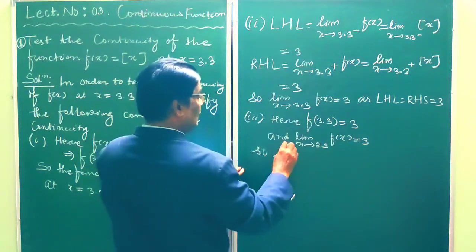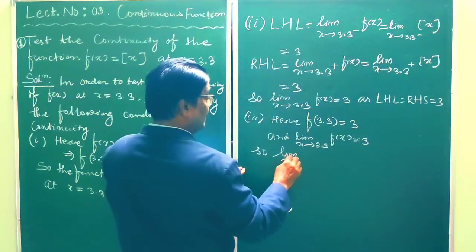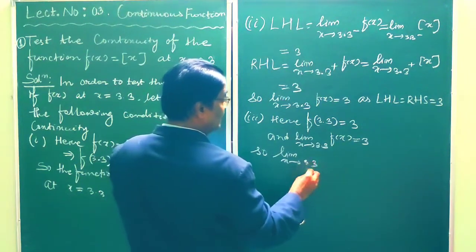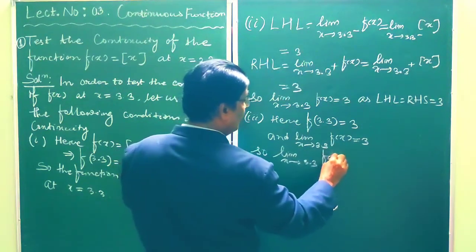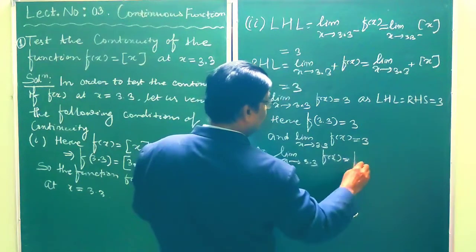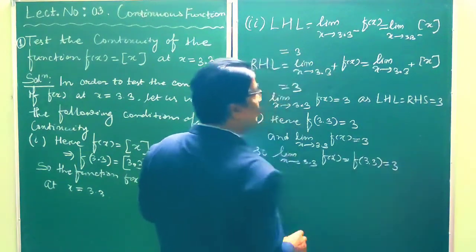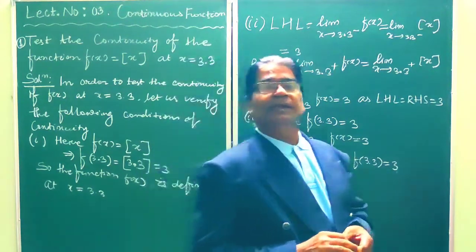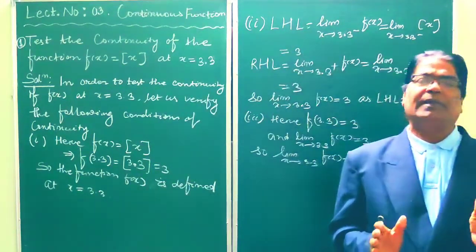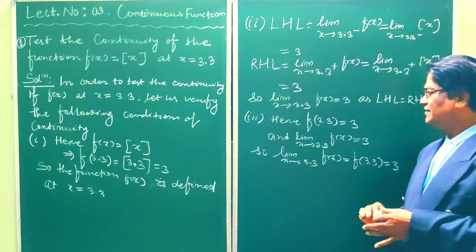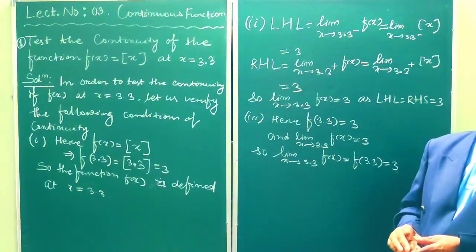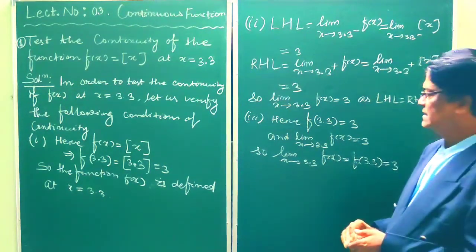So limit x tends to 3.3 f(x) is equal to f(3.3), which is equal to 3. So we get here in the third condition, functional value of the function, that is 3, which is also equals to the limiting value of the function.